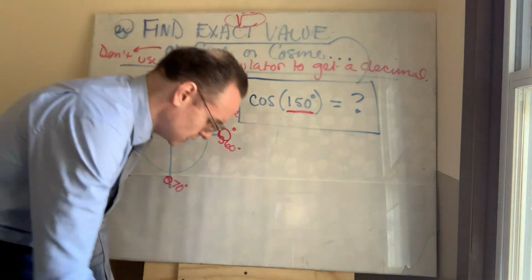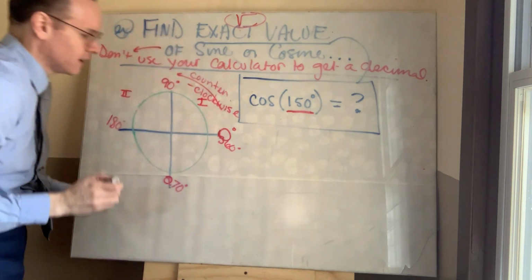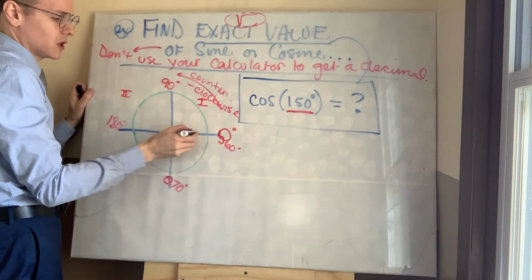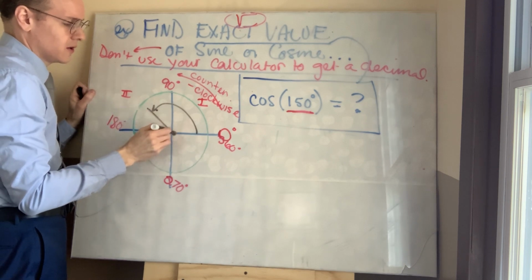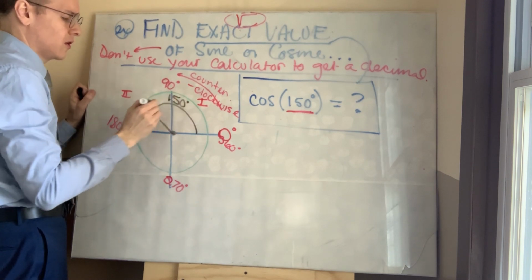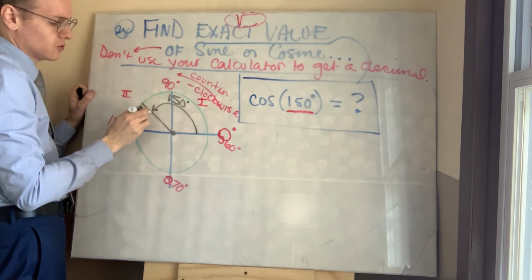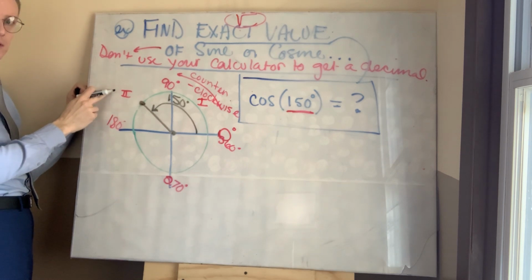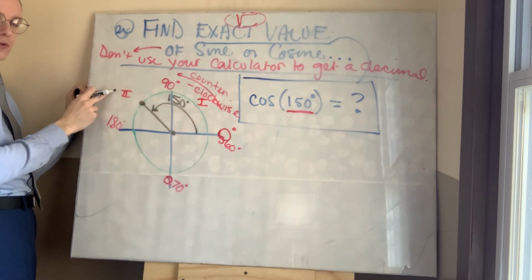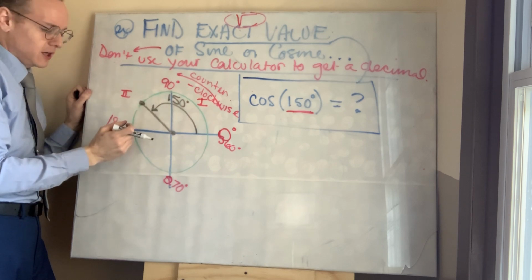Because to go from 0 counterclockwise to 150 would basically, I'll put this on the edge of the circle if I'm a little bit more strategic here, would have us here. If you took out a protractor and measured 150 degrees, it would be somewhere between 90 and 180.